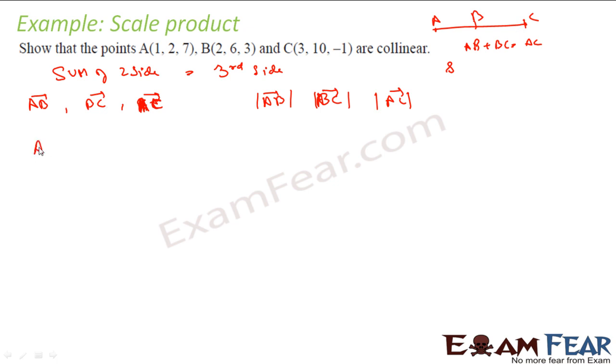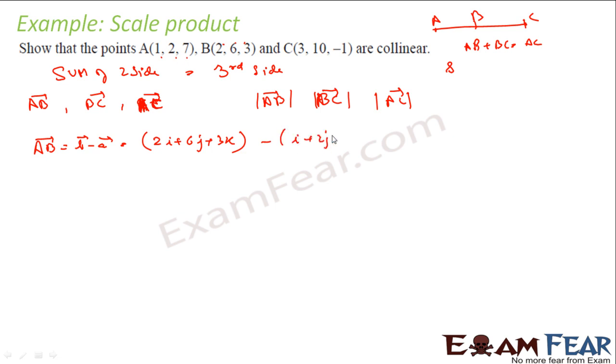So let's find the AB vector. AB vector is B vector minus A vector. What is B vector? 2i plus 6j plus 3k, minus A vector, i plus 2j plus 7k.